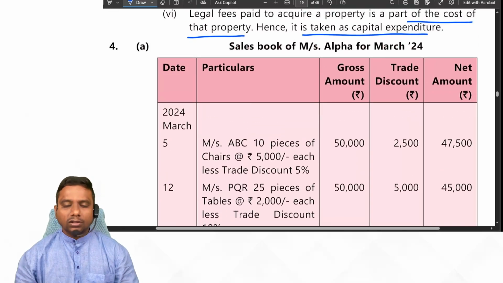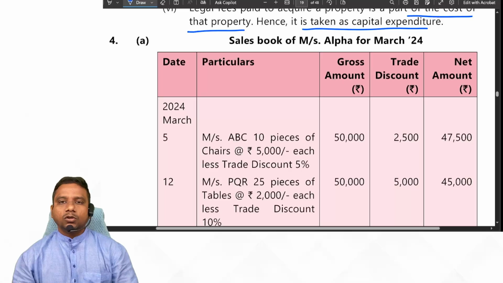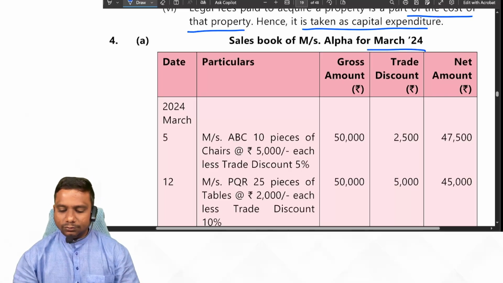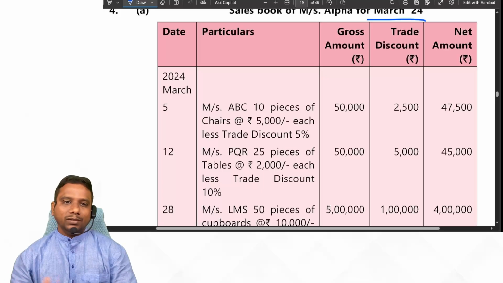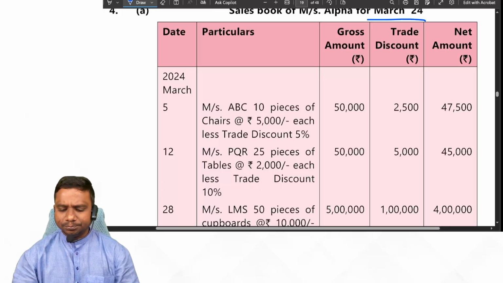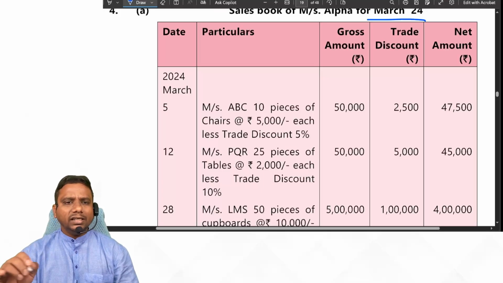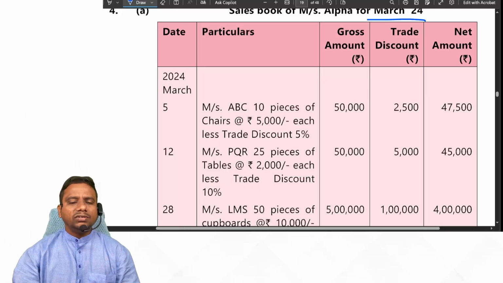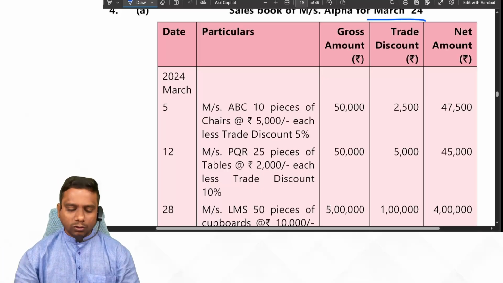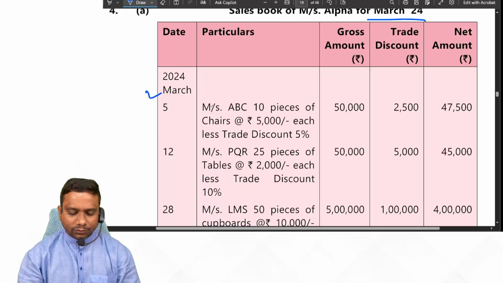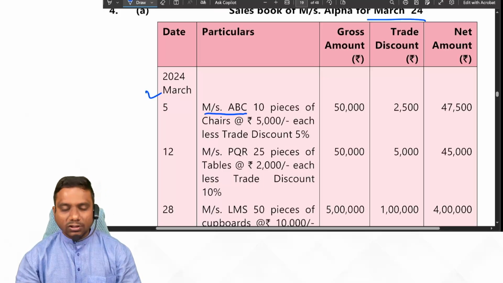So first we'll draw the format like this. Sales book of Mrs. Alpha for March 2024. Date, particulars, gross amount, trade discount, net amount. Or sometimes you may simply draw a gross amount column and a details column, deduct the trade discount in the details column itself, and transfer the net amount to the outer column. Look at the first one, March 5th. Here we write the name of the customer, Messrs.